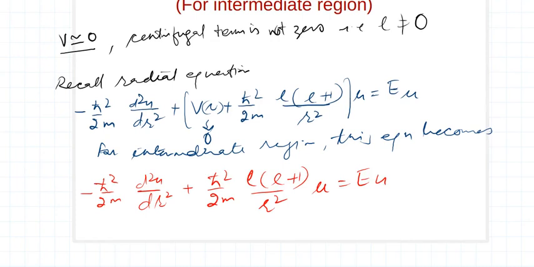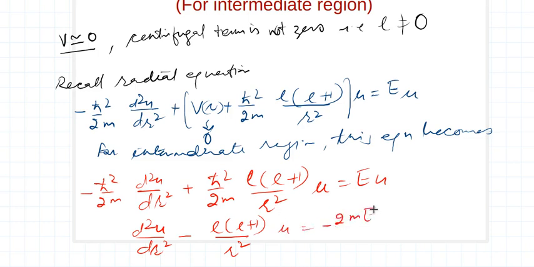Let me multiply both sides by 2m over h cross square with a negative sign. Then d square u over dr square minus L into (L plus 1) over r square u must be equal to minus 2mE over h cross square into u.